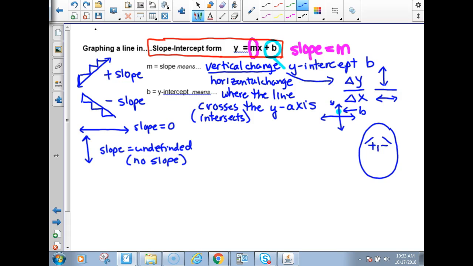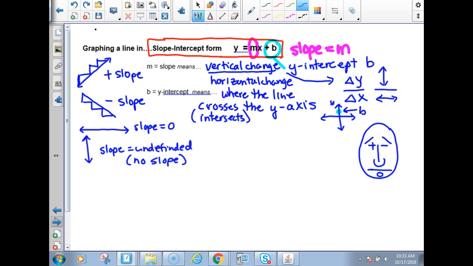He has a nose that's the vertical line, which is an undefined slope. And then he has a mouth that's flat, that's the horizontal line, and we give him a dimple because the slope is 0. It helps you remember it. He's on the bulletin board, and also in the back.